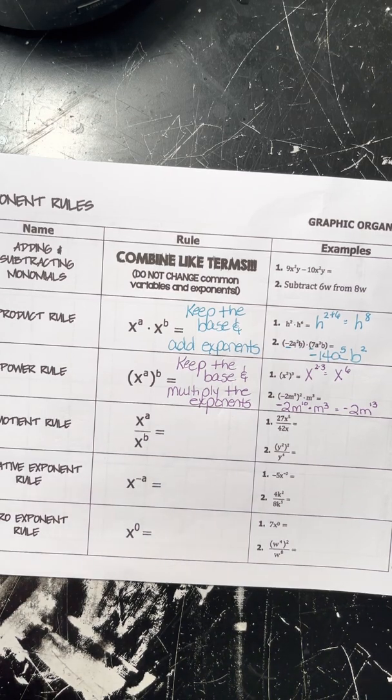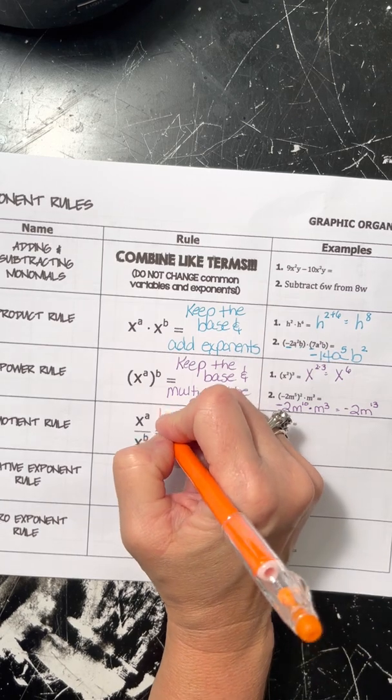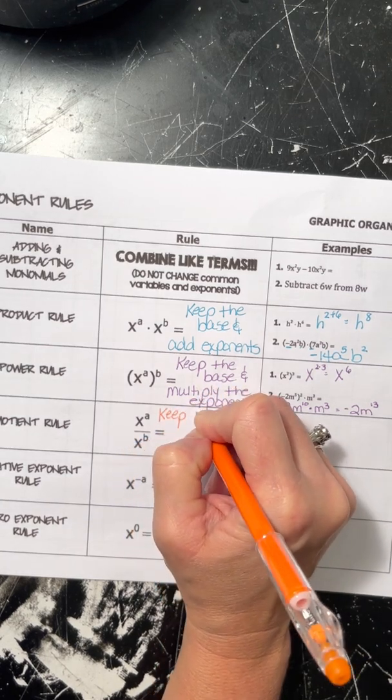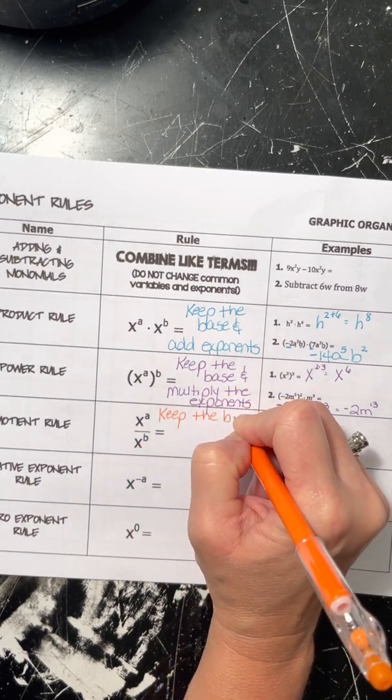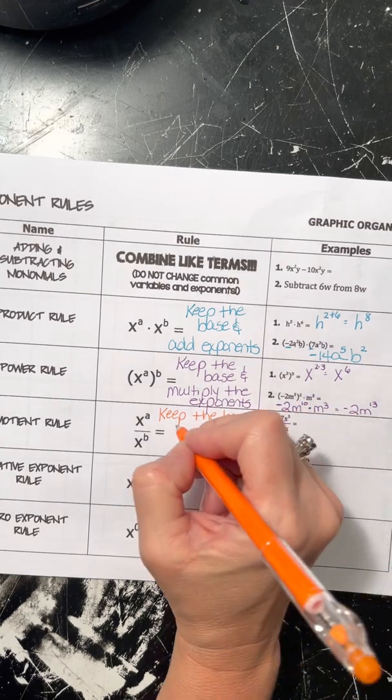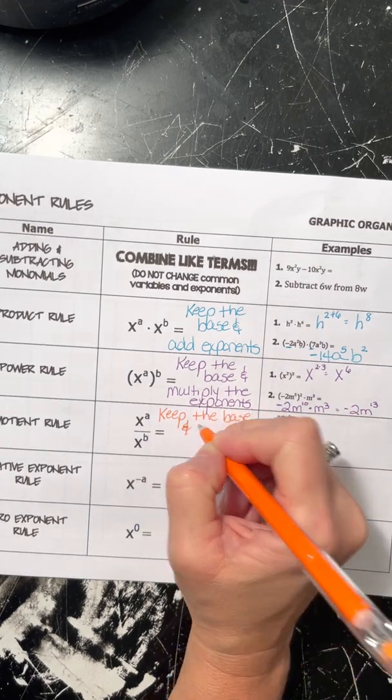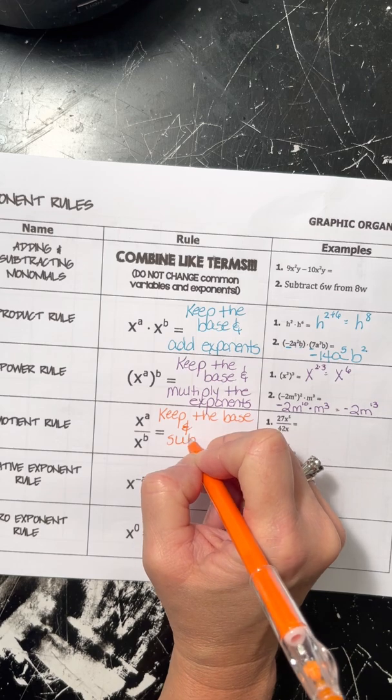The quotient rule. We're going to keep the base and subtract the exponents.